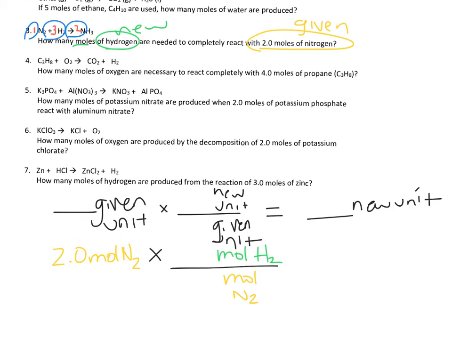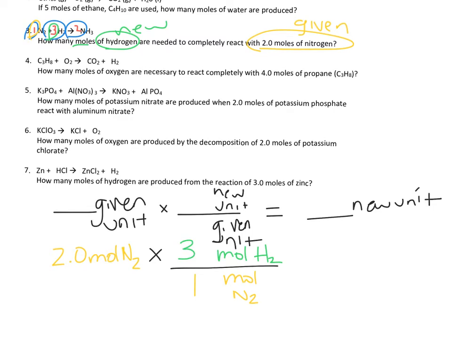So nitrogen's coefficient is 1, so 1 goes on the bottom for nitrogen. And for hydrogen, the coefficient is 3, so 3 goes on the top with hydrogen.